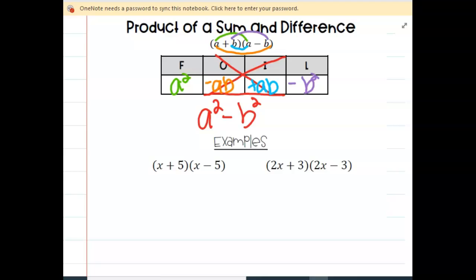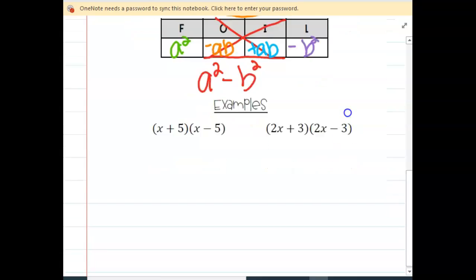And then whenever you do the I, you're going to be multiplying the exact same numbers, just in a different order. And remember that the criteria here, you have to have the same thing in both sets of parentheses, except adding in one, subtracting the other. So what this is going to do is make either the O or the I positive and the other one negative. It'll happen every single time.